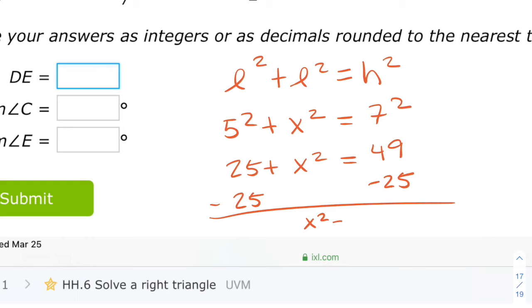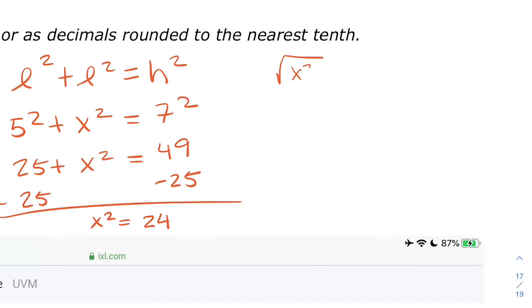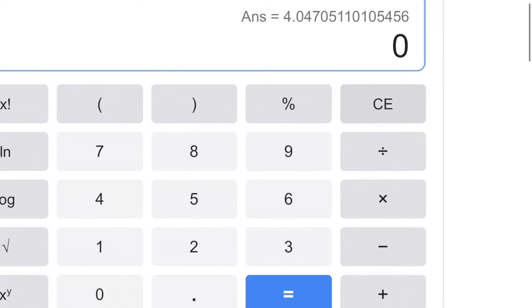X squared equals 24. And then we find the square root of both sides. So x approximately equals the square root of 24.